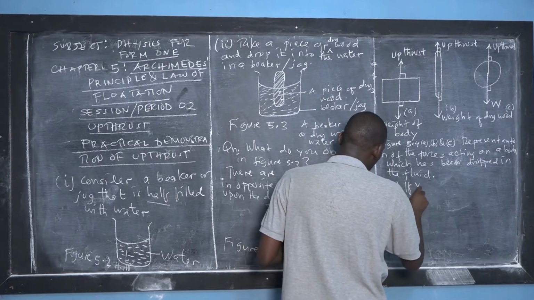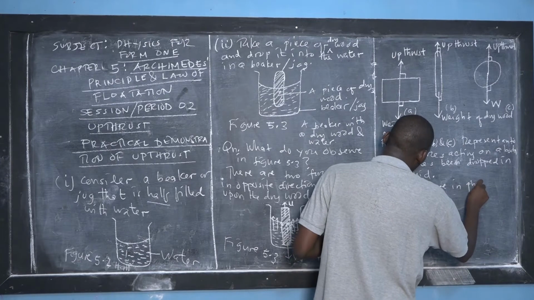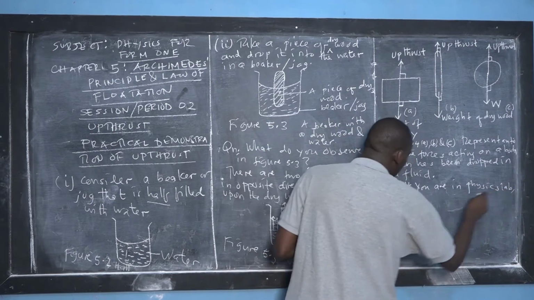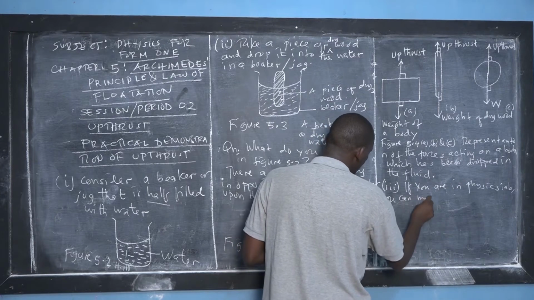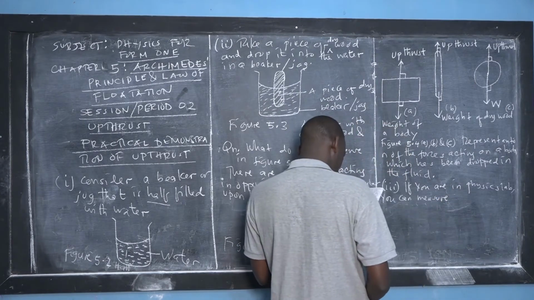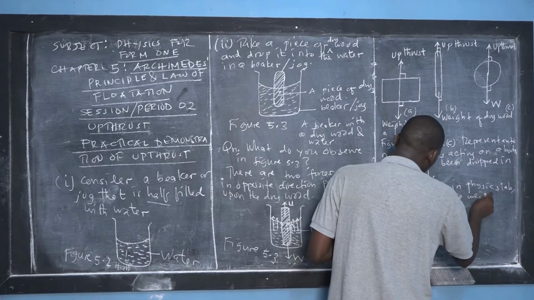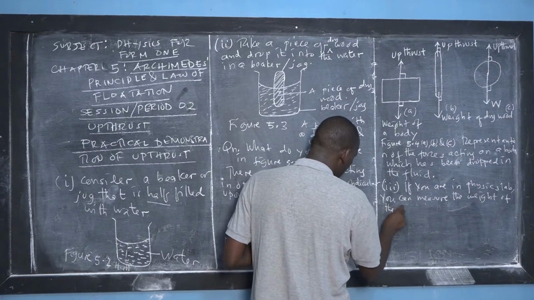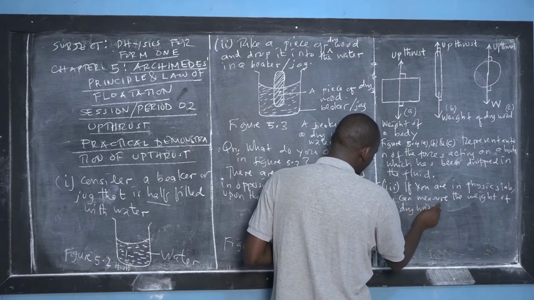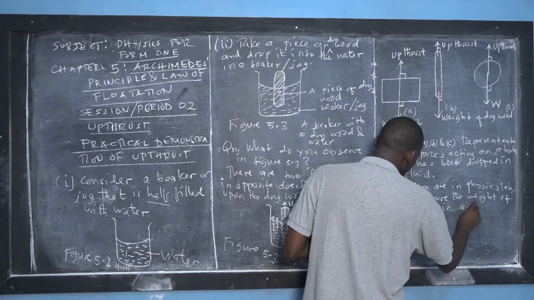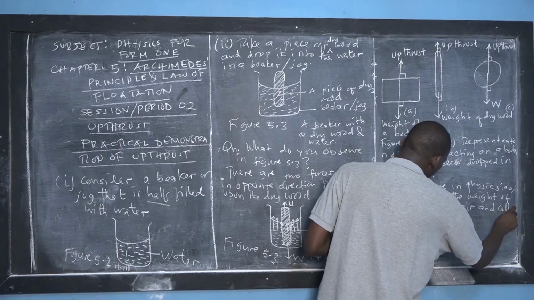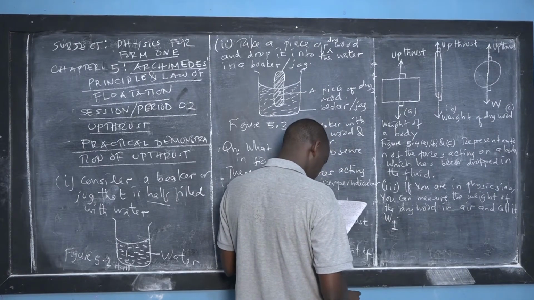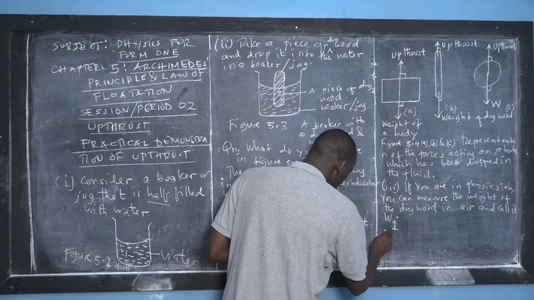If you are in the physics lab, or you can go to your physics lab, you can measure the weight of the dry wood in air, and call it weight 1. Then we go for number 4.